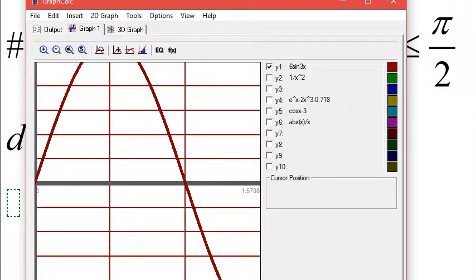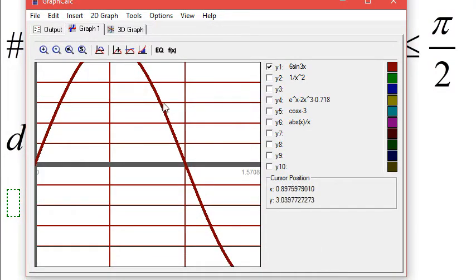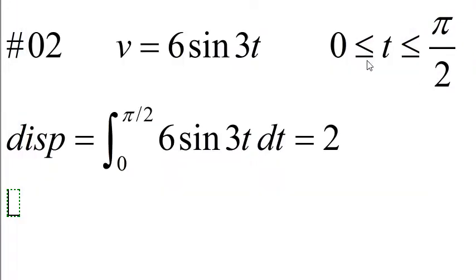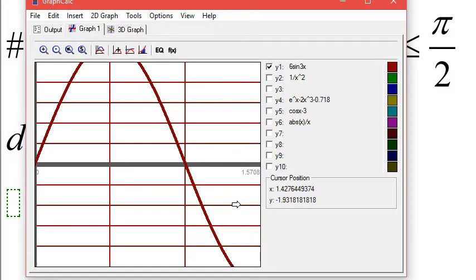Now we're able to look at the graph and see this is from 0 on the left to pi over 2. I put 0 to pi over 2, and I'm making the scale pi over 6, or like Miles was saying, pi over 3. Either way, we see that this thing changes direction at pi over 3.